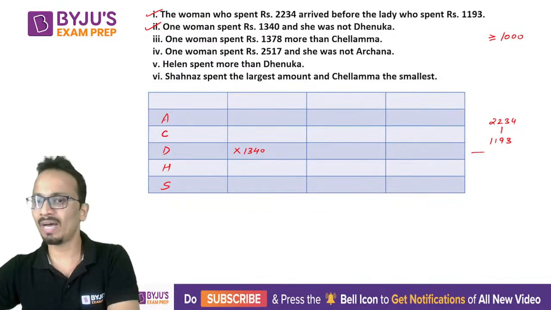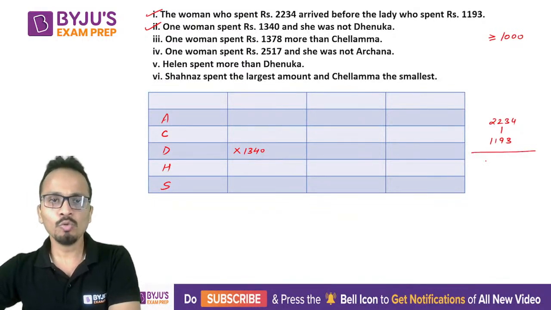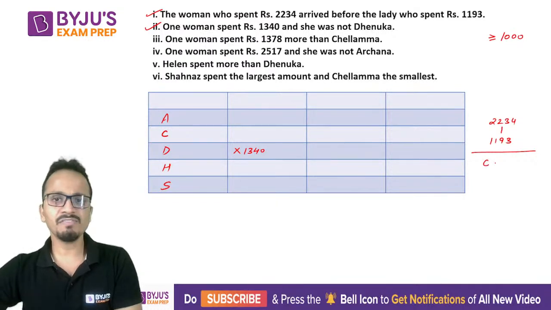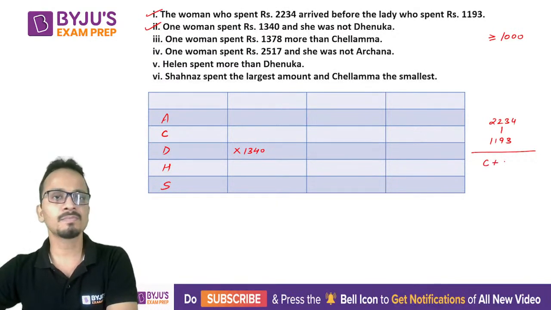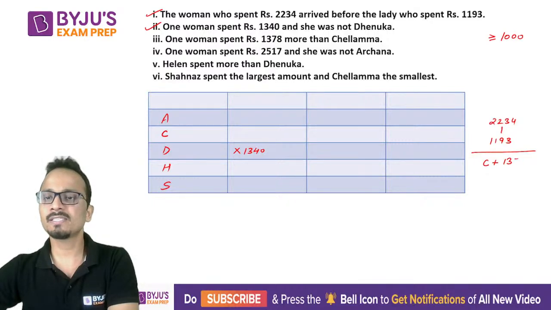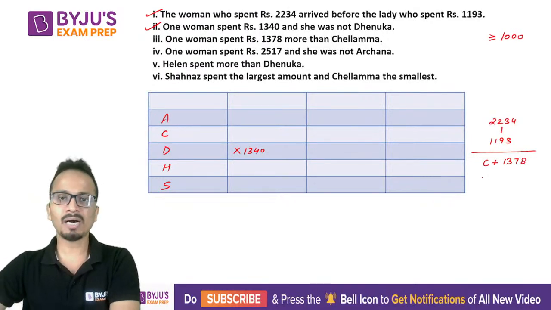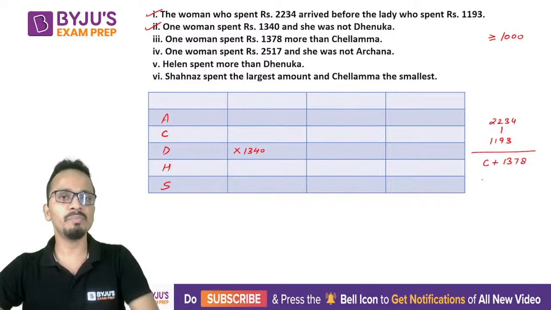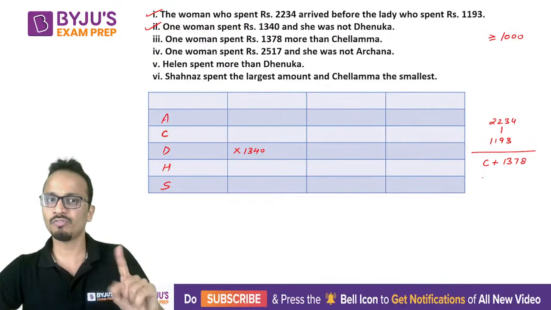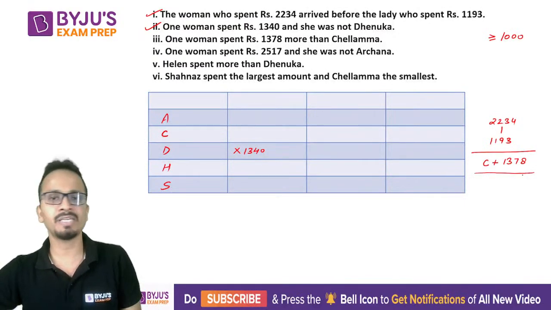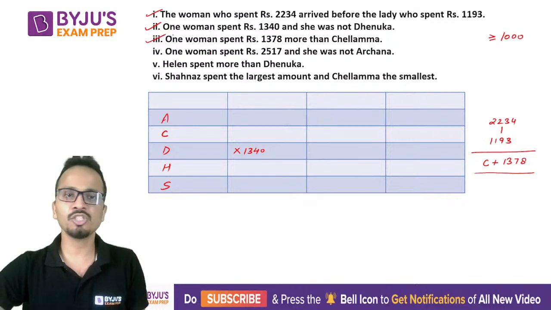So whatever C spends, C plus 1378 will be the amount of money spent by one of the women. I have written that statement as well. So statement number 3 is used.